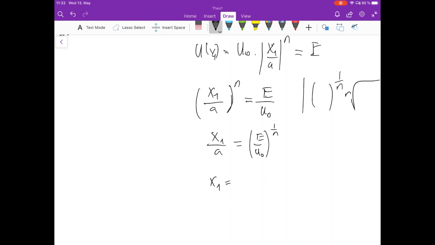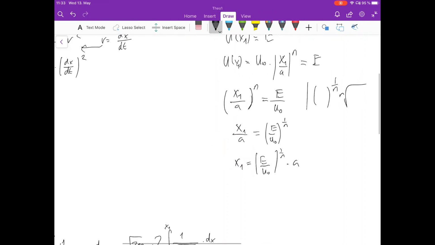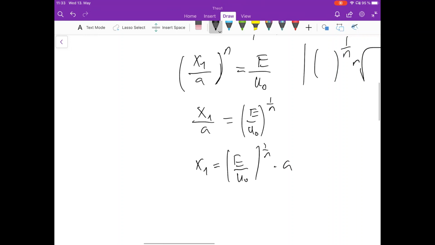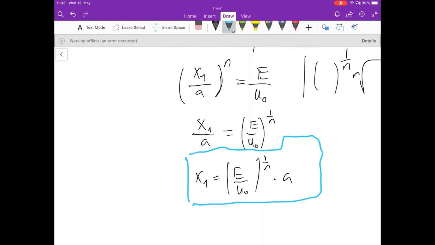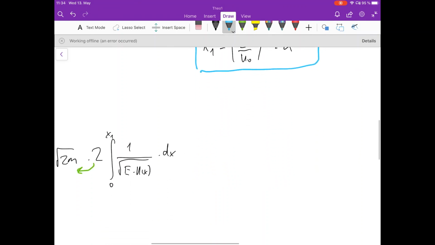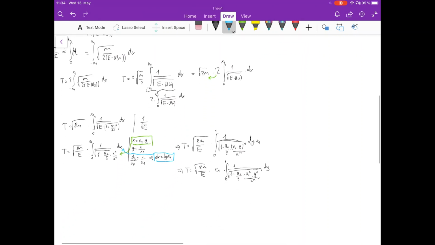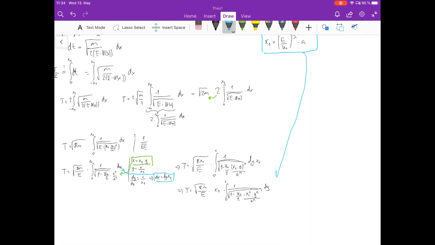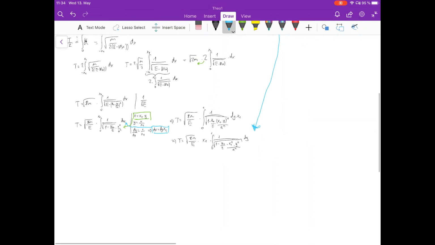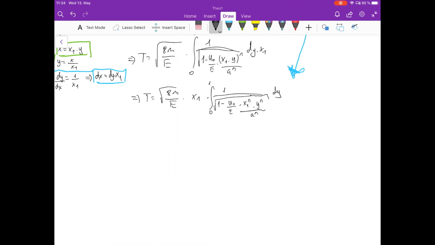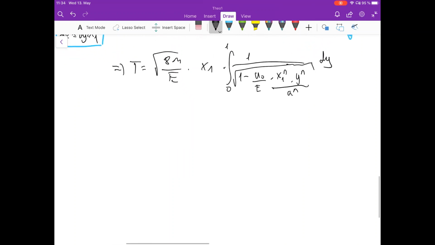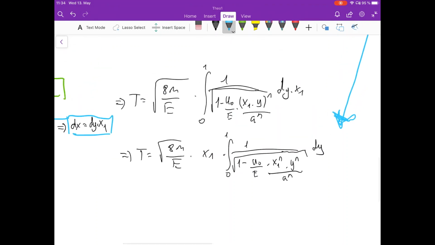And if I multiply both sides by a, x1 is going to be equal to E divided by u null to the power 1 over n times a. Perfect. So I can now take this nice definition of x1 and plug it back into the last integration we found. So let's plug it in and see what happens.